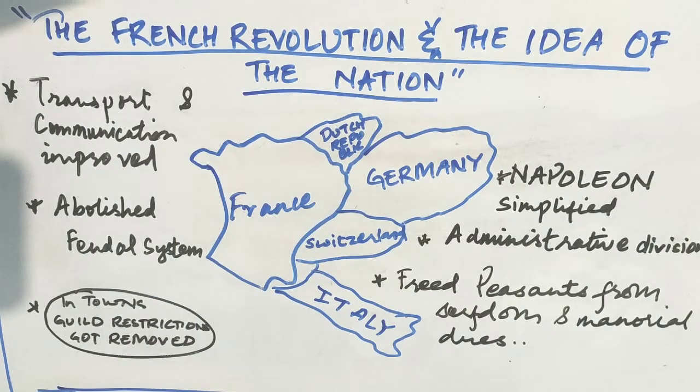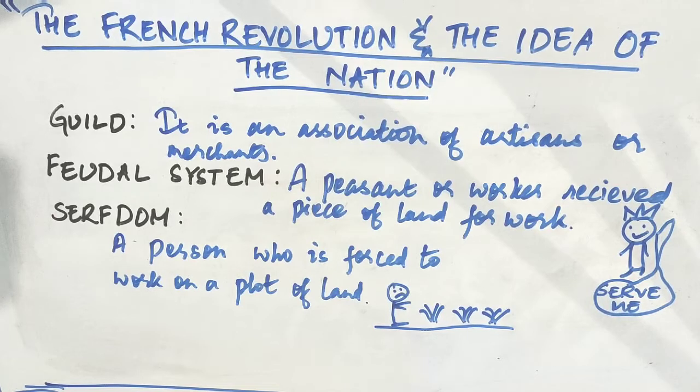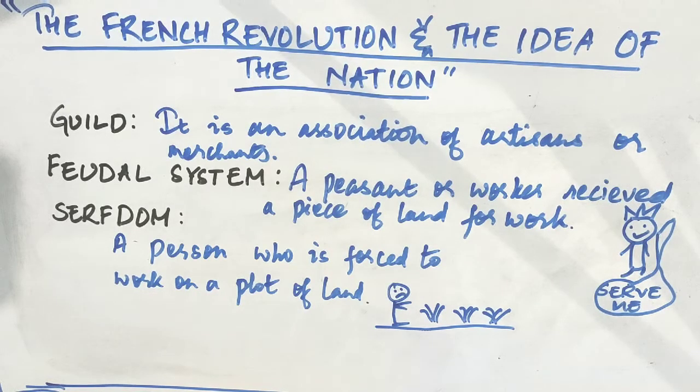He improved the transport and communication system. He removed guild restrictions. Peasants, artisans, and businessmen were happy as they were enjoying freedom. And students, if you do not know the meaning of guild, feudal system, serfdom, here I have written some information regarding that. You can copy this in your notebook.